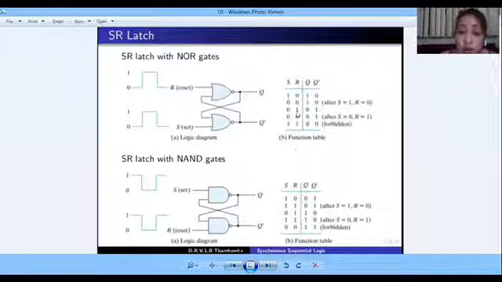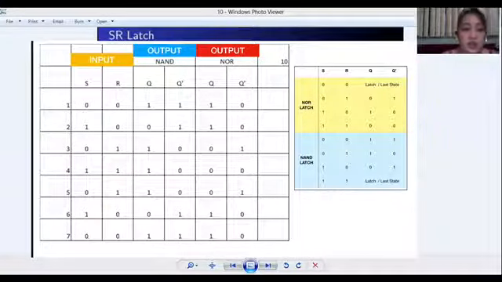Then here, if the input SR is 0, 1, sa NOR, the output will be 0, 1. Pag 1, 0, 1, 0 din. Pagdating sa NAND, baliktad. Pag 0, 1 ang input na SR, the output is 1, 0. Pag 1, 0, the output is 0, 1. Okay. Simplify natin. Here, this is the example.